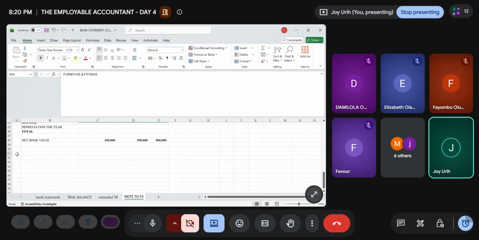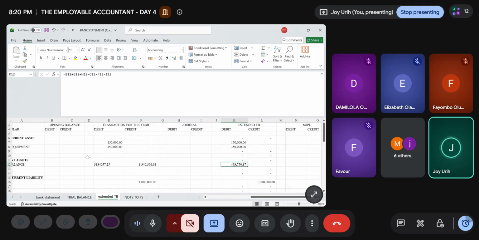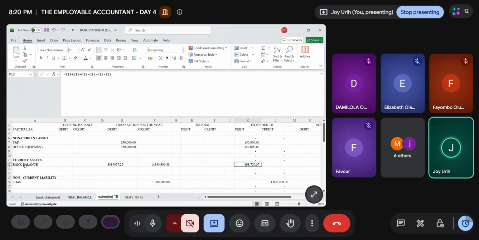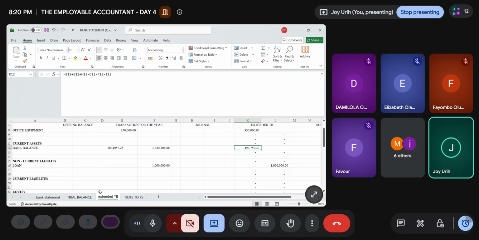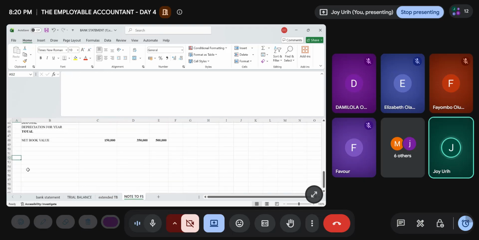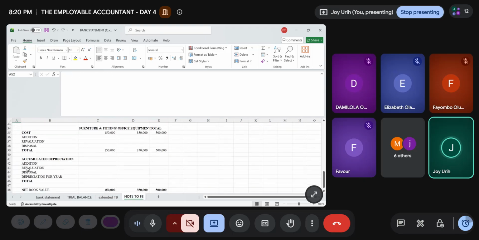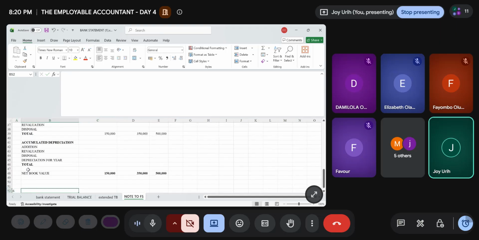Let's just go to the next item we have on our statement of financial position, which is bank balance. You can decide to create a note for this, or you can decide not to, but let's just create a note for it. Note 6, we have cash, call it cash and cash equivalent.